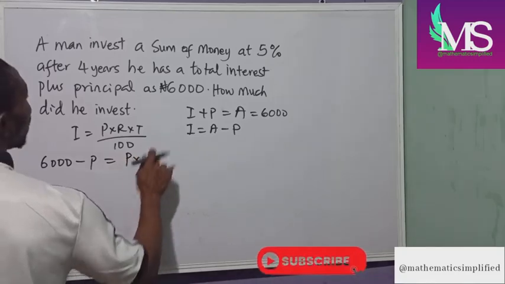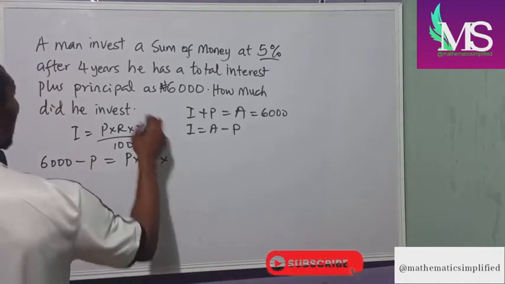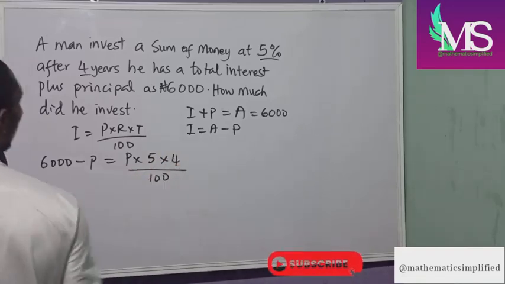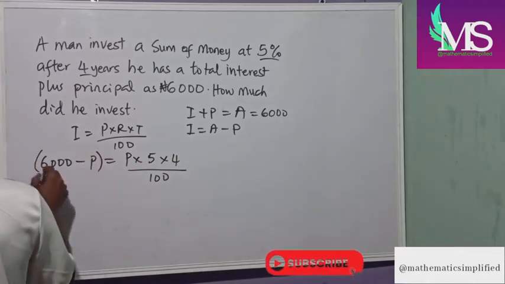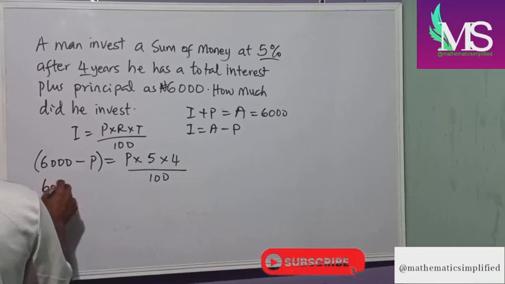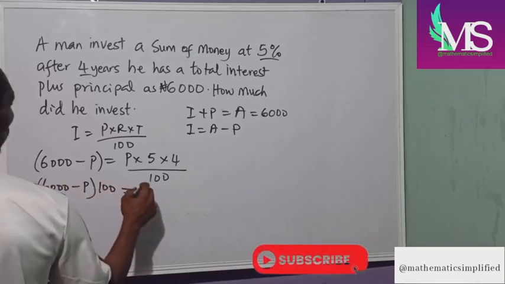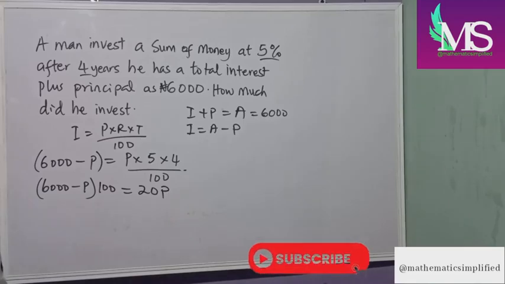Now our rate is 5% and our time is 4 years, all over 100. Now we can cross multiply this. This becomes 6,000 minus P times 100 equals 5 times 4, 20P.